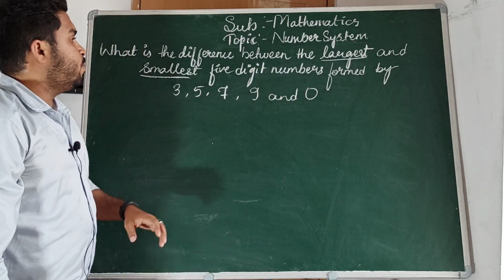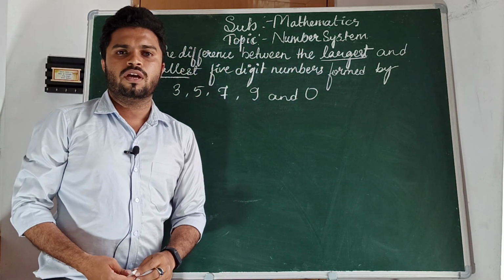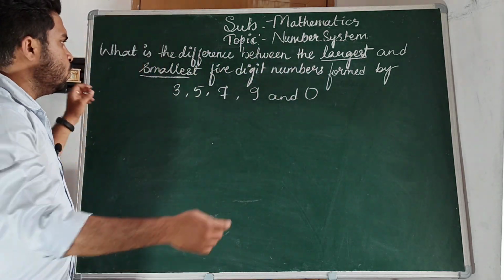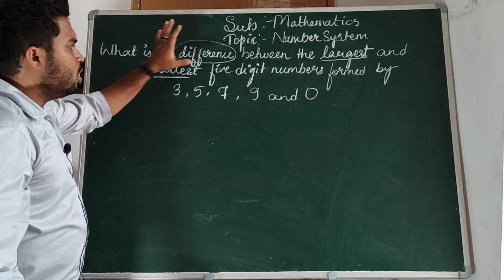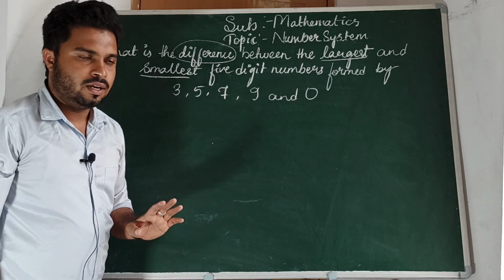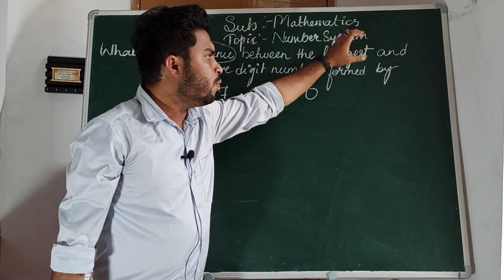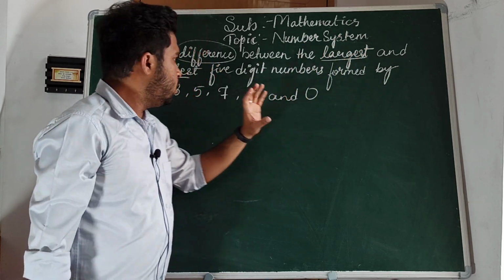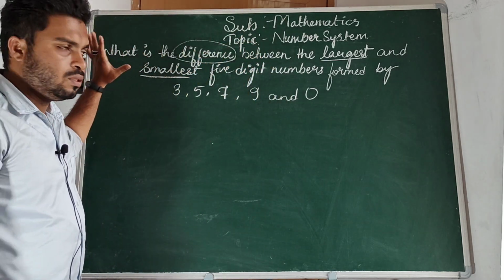By looking at the question you will be in confusion, sir, it is a very big question, what do we have to do? See, first clue, you are going to find the difference. What is the meaning of difference? Difference is nothing but subtraction. Difference between the largest and the smallest. First you are going to form the largest number, then you are going to create the smallest.